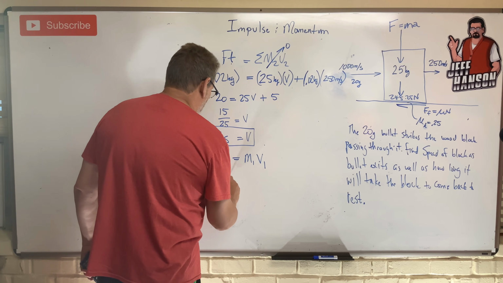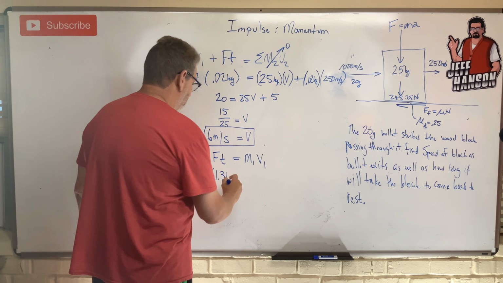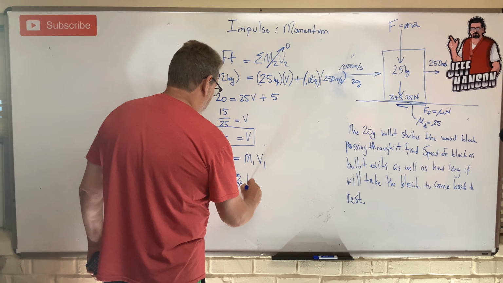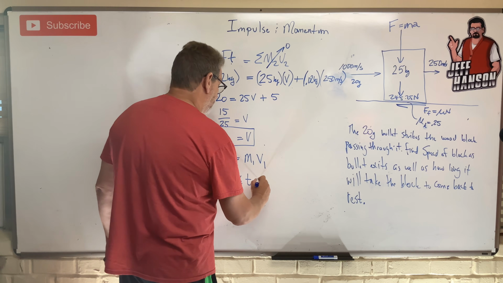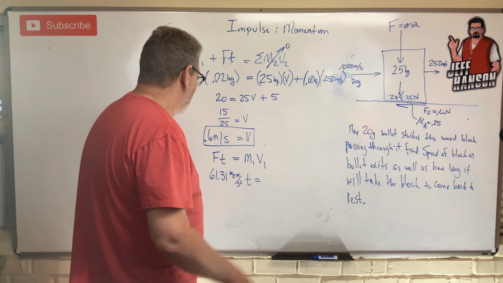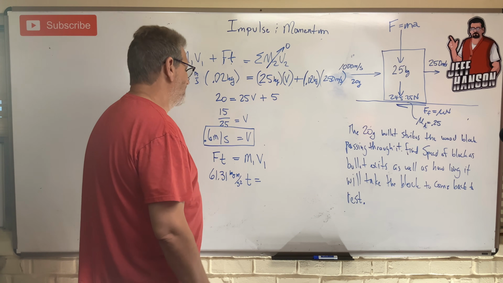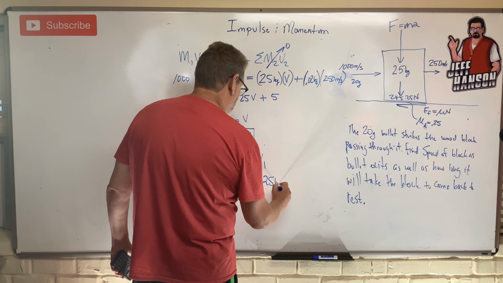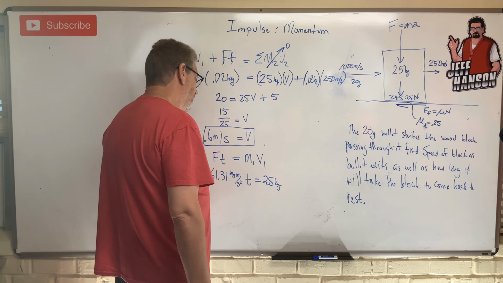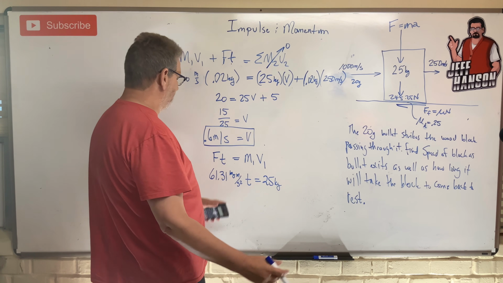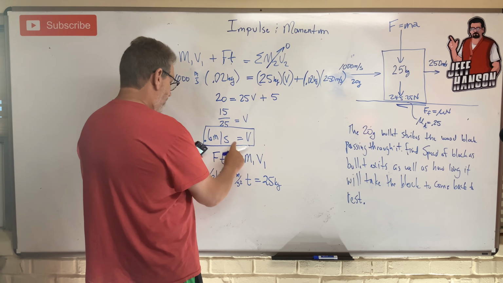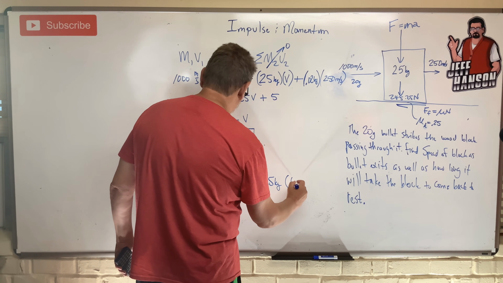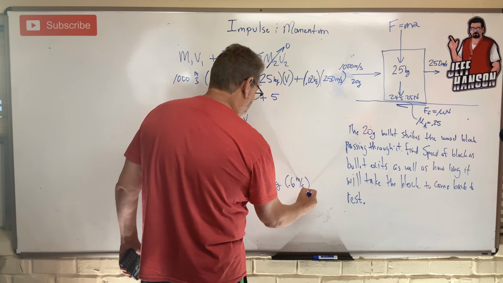61.31 newtons. And what's a newton? Kilogram meter per second squared, okay, equals, okay, the mass. What's the mass? 25 kilograms. And what was the velocity? We had the velocity, didn't we? Right there. The velocity times 0.6 meters per second.